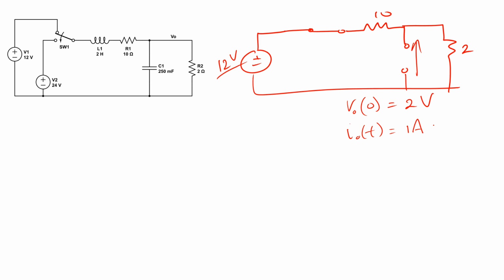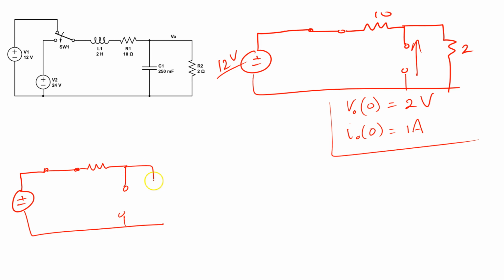So this is our initial condition, at t equals 0. Similarly, when it switches to the 24 volt source, we get the same thing. The inductor is a short circuit, the capacitor is an open circuit, and we have the 2 ohm resistor. This time we have 24 volts, and since it's the same circuit, everything is simply scaled by 2.